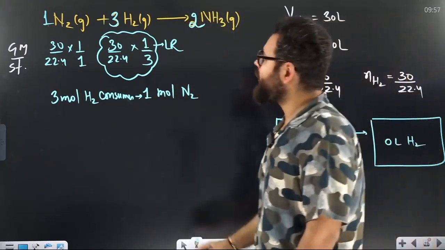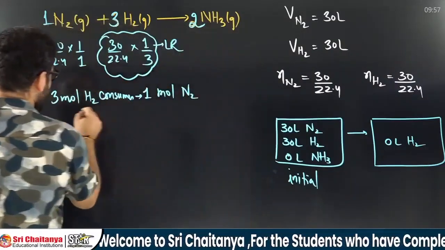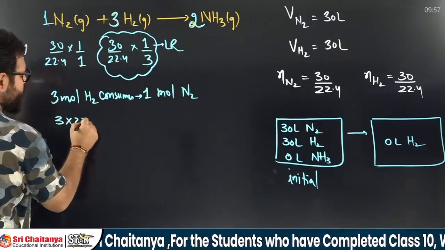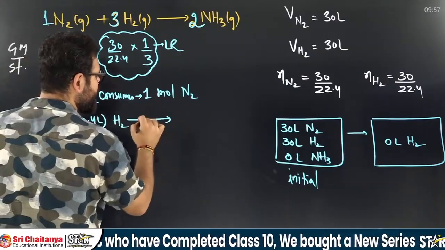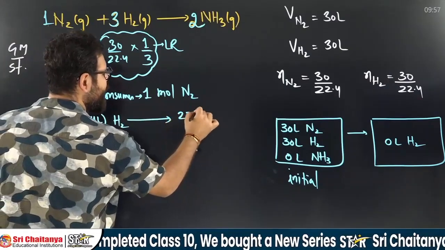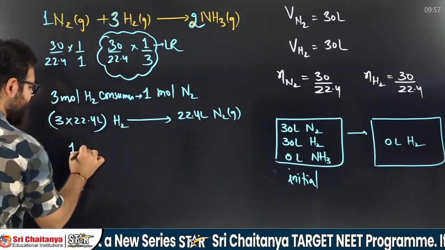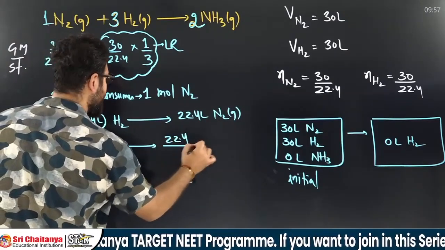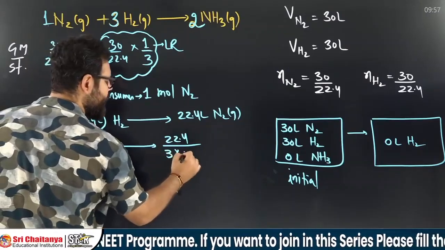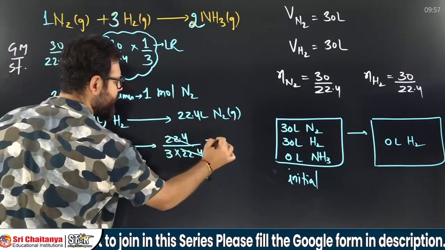So I am checking that 30 liter will consume how many liter? 3 mole hydrogen, I can say 3 times 22.4 liter. This much hydrogen gas consumes 22.4 liter nitrogen gas. So 1 liter hydrogen gas, when it finishes, will consume 22.4 by 3 times 22.4. Unitary method, this cancels out, 1 by 3 liter.